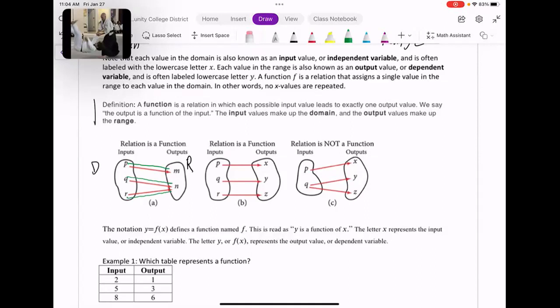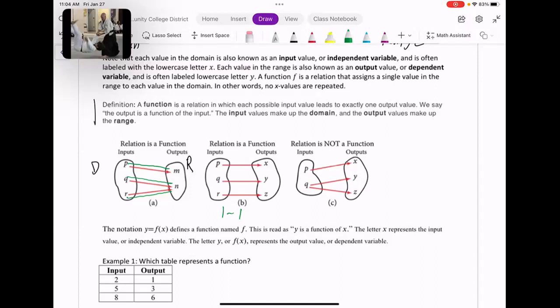That's okay. It's still a function. This particular function is mapping exactly one domain value to one range value, and it also is exactly one range value maps to exactly one domain value. So that's referred to as a one-to-one function. We'll talk about that a little bit more in a moment.